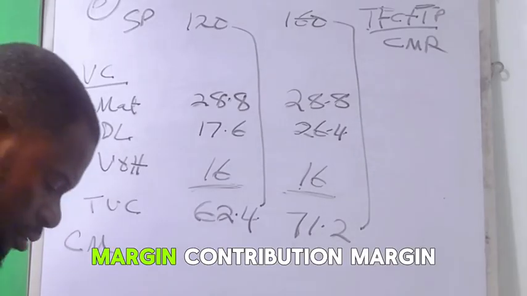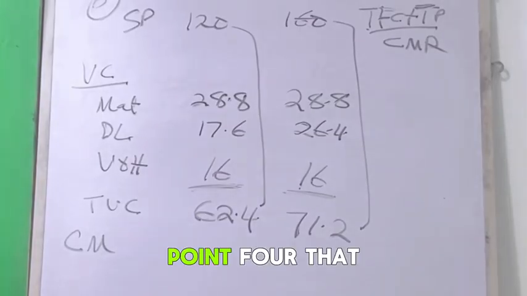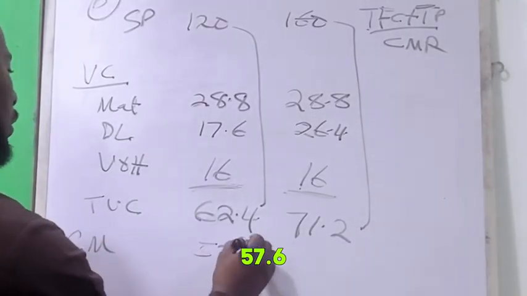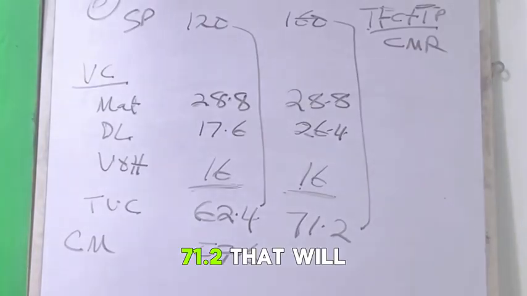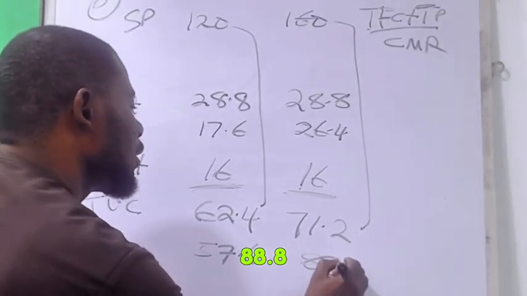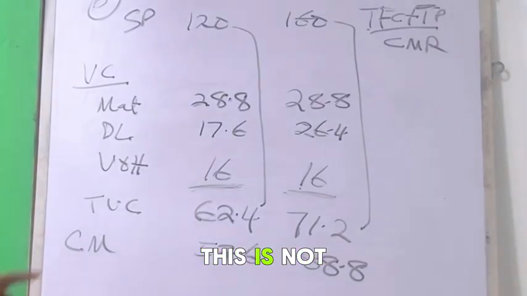So our contribution margin for A is 120 minus 62.4. That will give us 57.6. For B is 160 minus 71.2. That will give us 88.8.